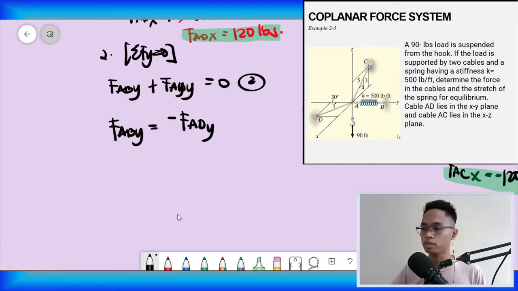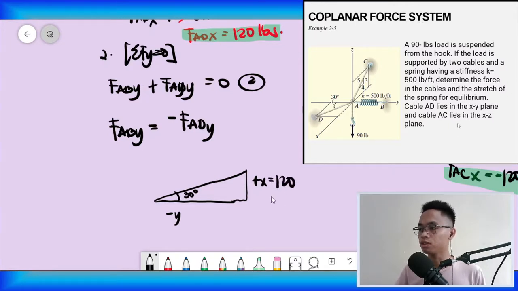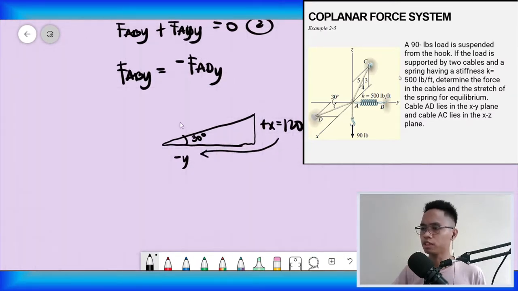If you are going to draw this triangle, top view, we are given this angle of 30 degrees. Again, this is the positive Y direction and this is the positive X direction. Since we have the value of your FADX, which is 120 pounds, we can solve the value of this Y using tangent 30 degrees.